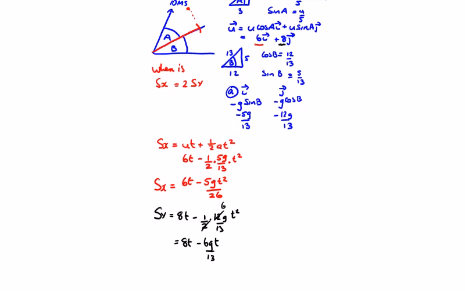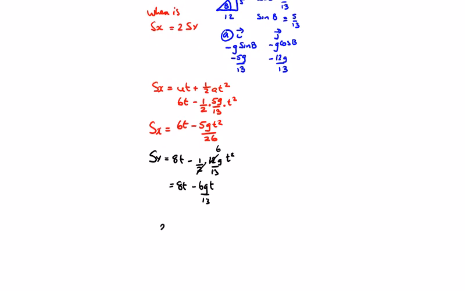So twice that is equal to the red one. So twice 8t minus 6gt²/13 has to be equal to 6t minus 5gt²/26. So we multiply it out and simplify it down.